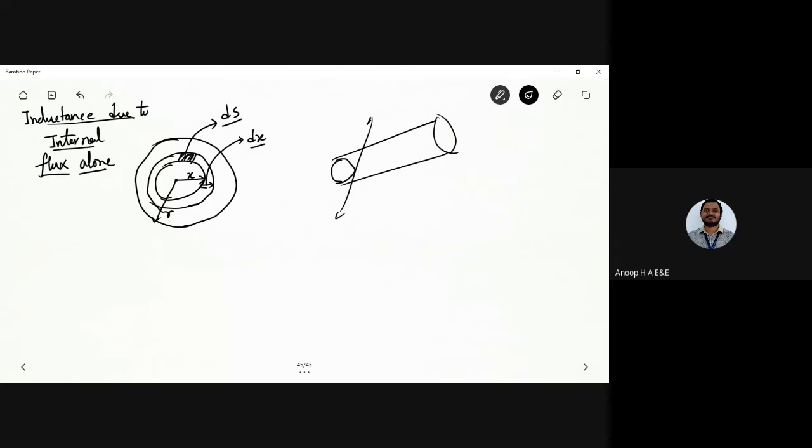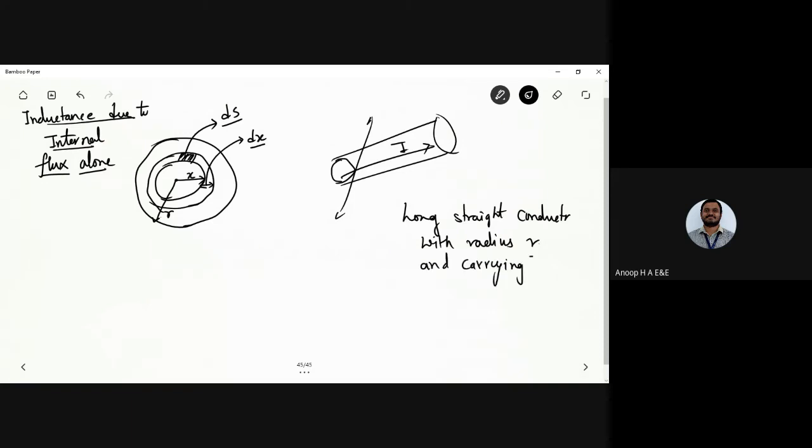I'm taking a long straight conductor with radius r, carrying I amperes of current.